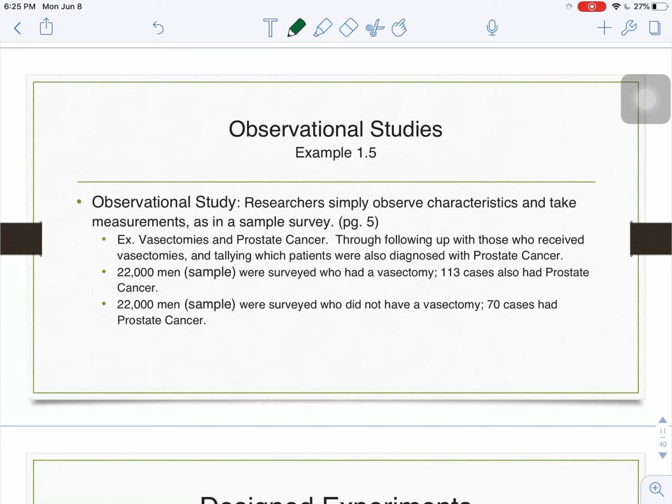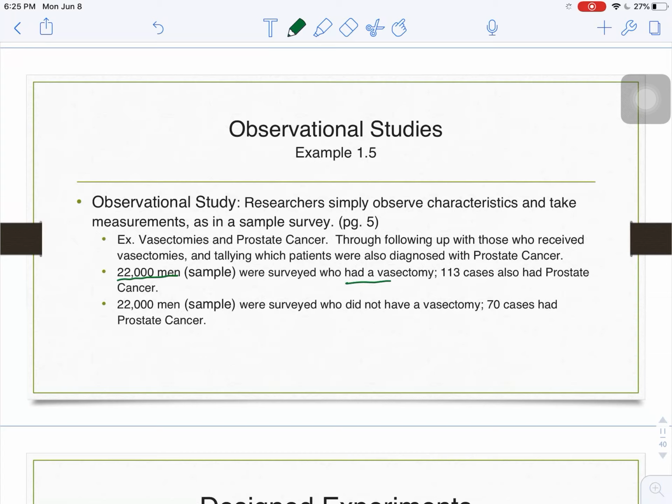For observational studies, we have quite a few of those actually. Researchers are simply observing the characteristics and taking measurements for a simple survey. These are going to be just the tests that are done to see if a pharmaceutical drug actually makes a difference. Another example is vasectomies and prostate cancer.